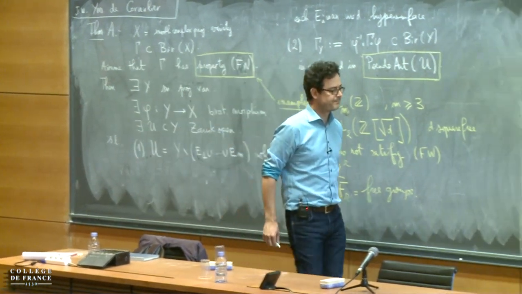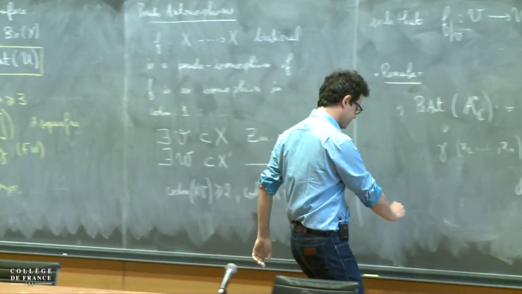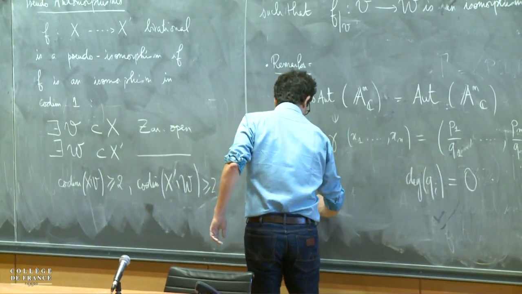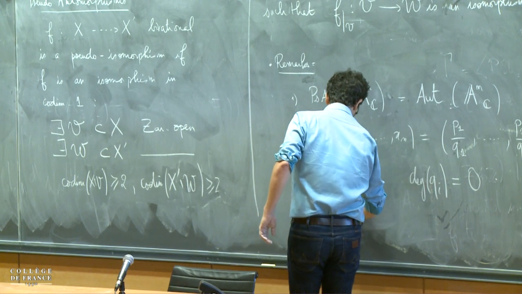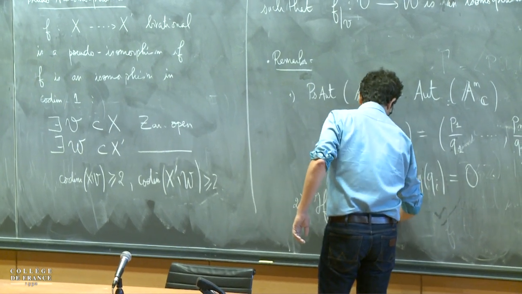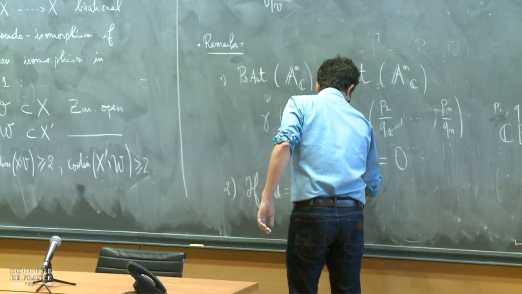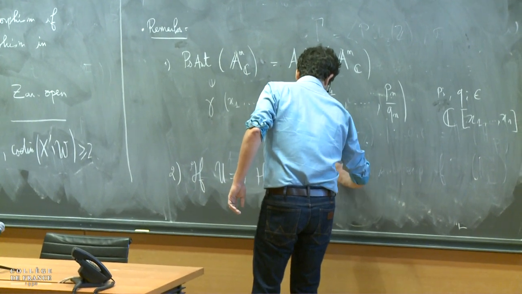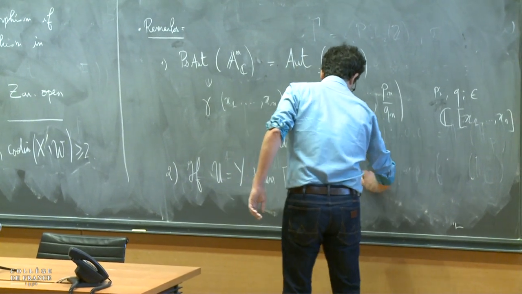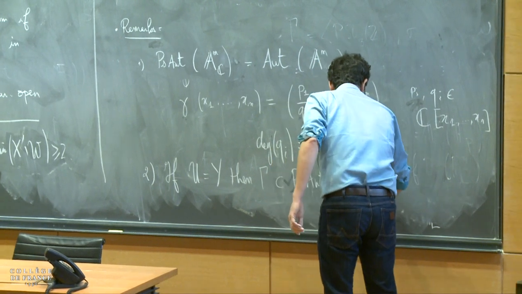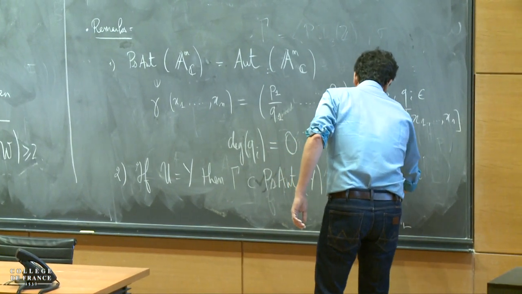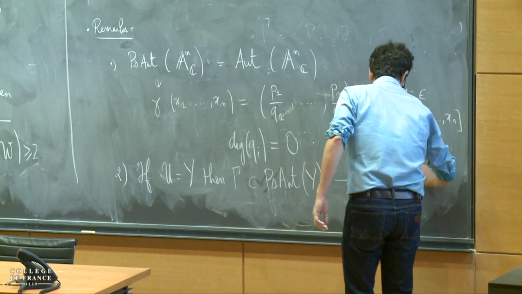Okay. So let's do it as second remark. So if U is Y, then gamma is contained in the group of pseudo-automorphisms of Y, and there is a morphism into the group of linear transformations of the Néron-Severi group.